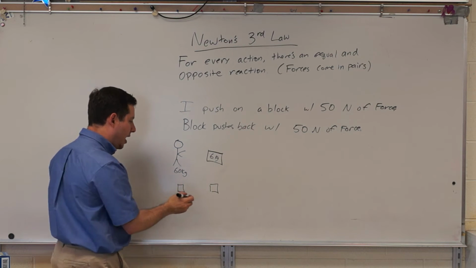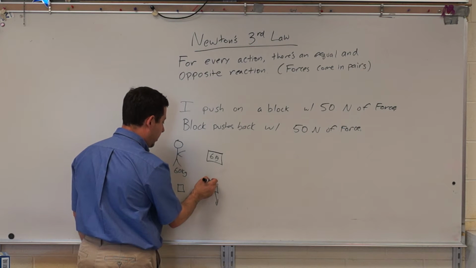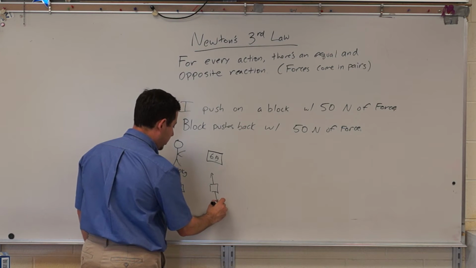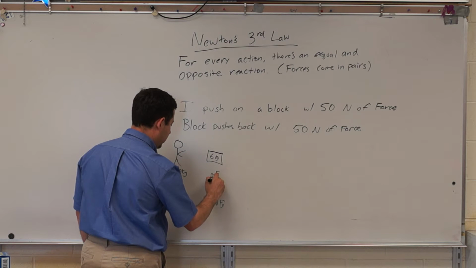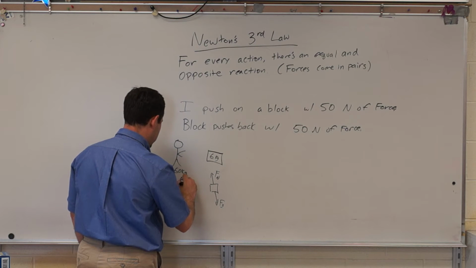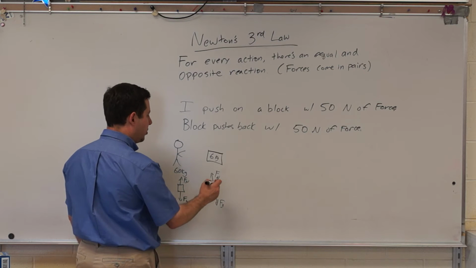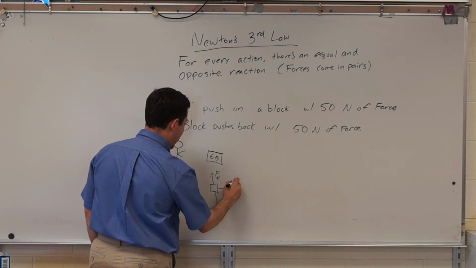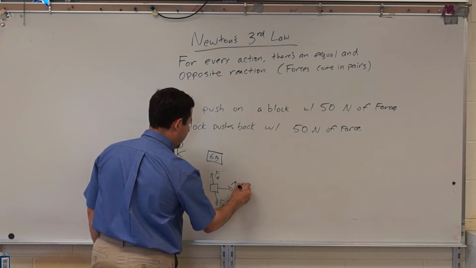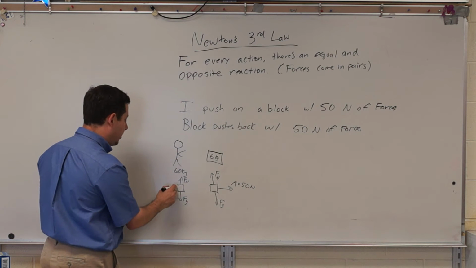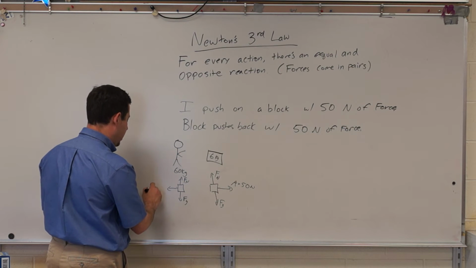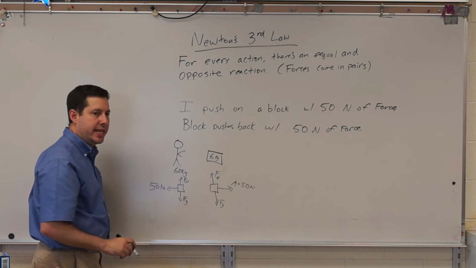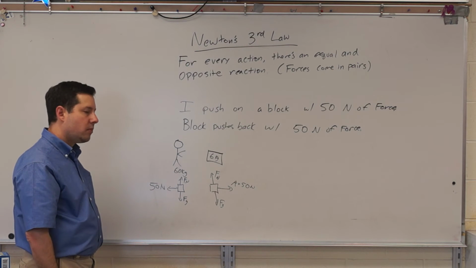Maybe both objects have gravity down and a normal force up. Now I'm pushing the block to the right, so I am applying a force of 50 newtons. And the block, therefore, is applying a force back on me of 50 newtons in the opposite direction.